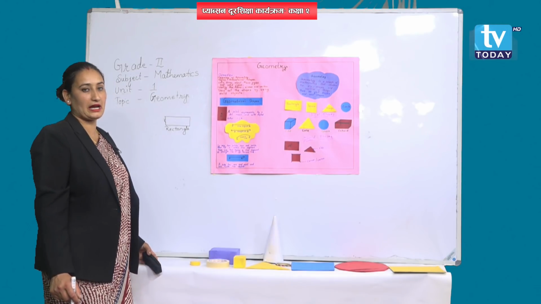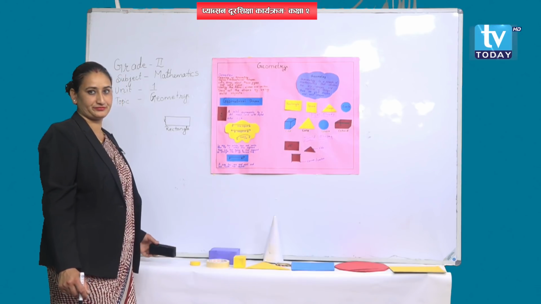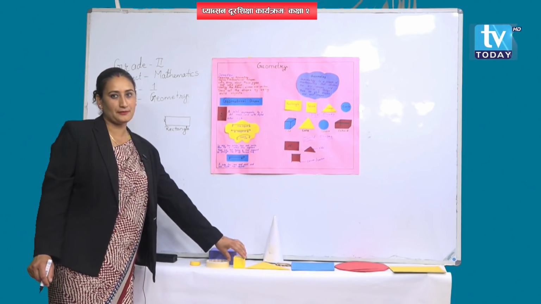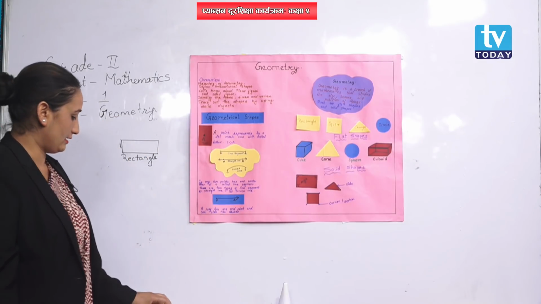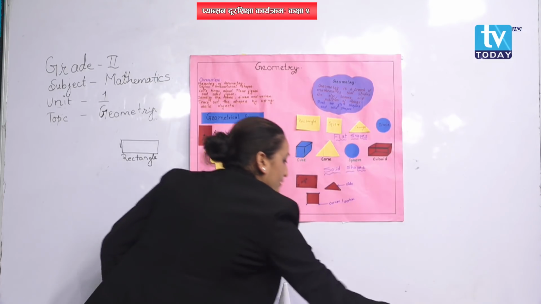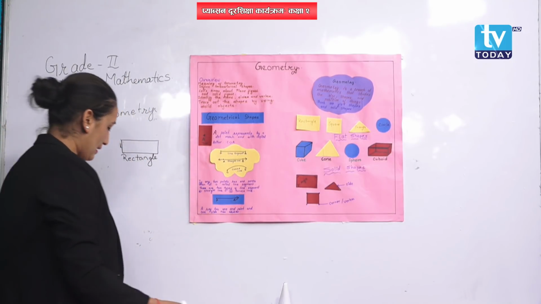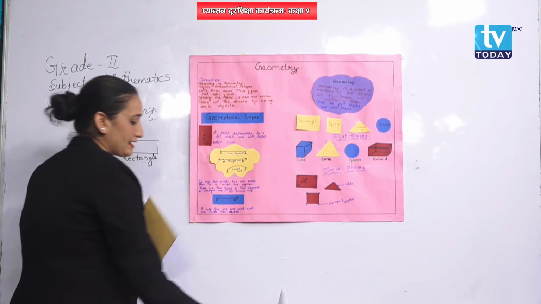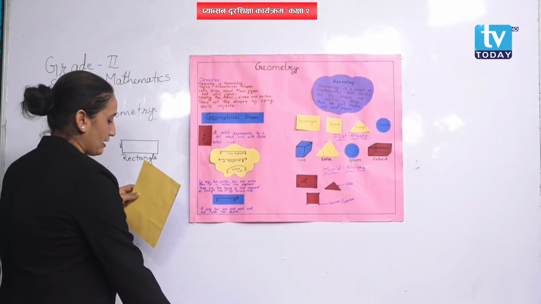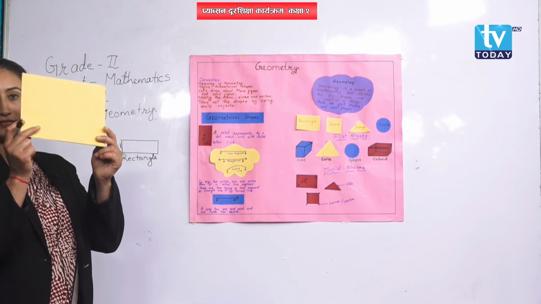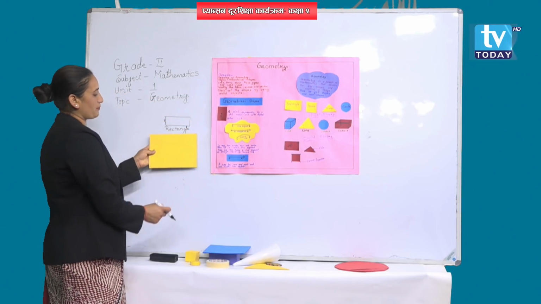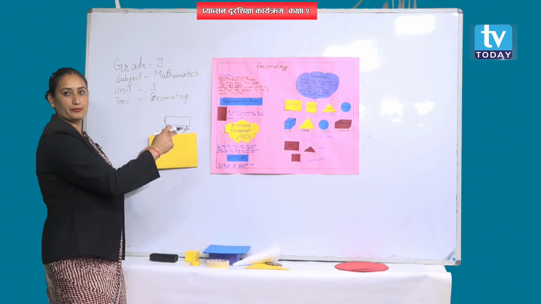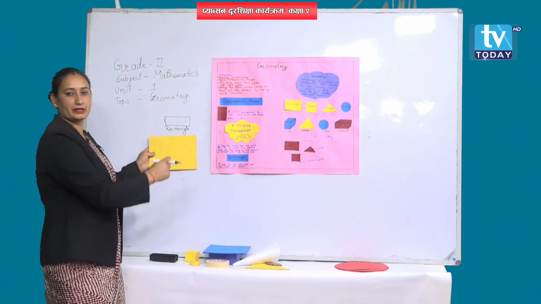Now it's time for a square. I have some objects in my hand. Now I have a big square. If you want to make a rectangle, you can make it from your paper also. You can sketch it out with your paper. It will be bigger. This will be a bigger rectangle.